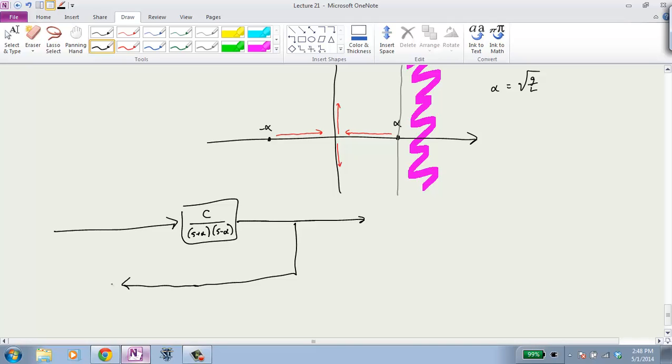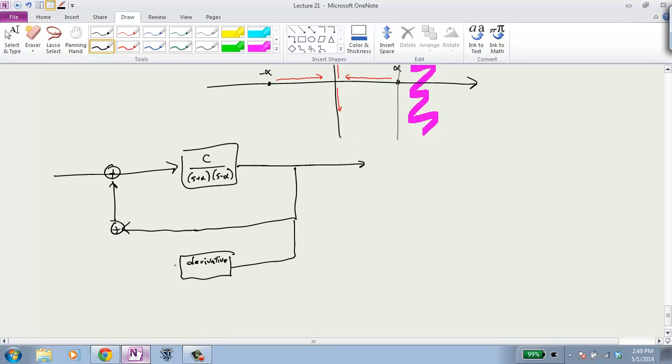One of them has a derivative. So we're going to feed back both proportional feedback and derivative feedback. Okay? So what that means is if this was theta of S, then this here becomes S times theta of S. Okay? We're going to add this in.